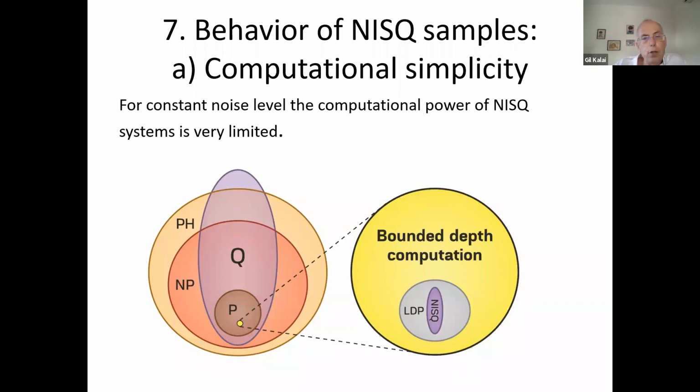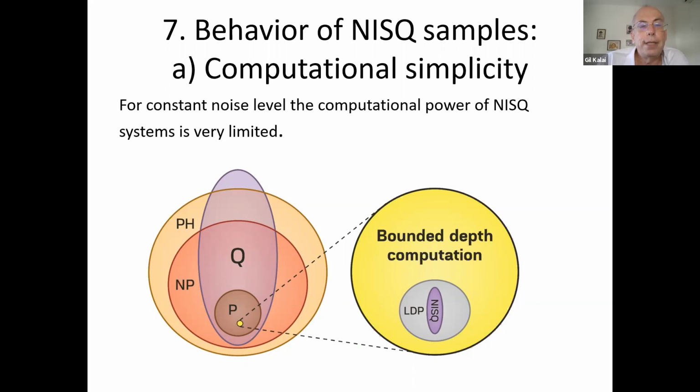I don't want to get much into computational complexity, but here is a picture showing you how limited it is. On the left, we see a brown circle called P. This is what computers can do. This is the computational class P, polynomial time. Here I allow randomness, so for me, P is polynomial time computation, even with randomness.